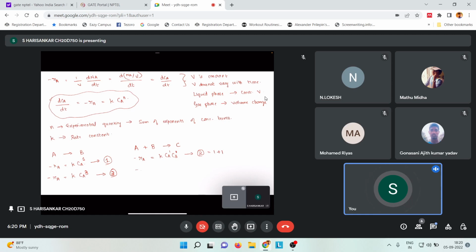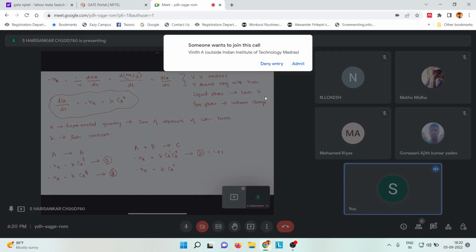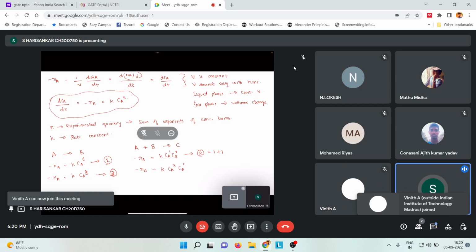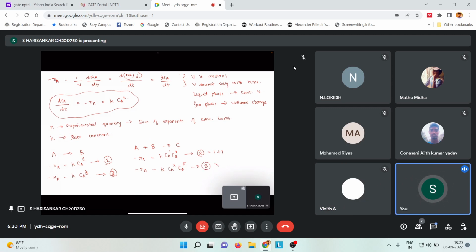Similarly, if the rate is k Ca raised to 3 and Cb raised to 5 or whatever, then the order will be 8. Usually this doesn't happen in general. The maximum order we'll usually encounter in general cases will be 3. So this is how we represent a rate equation.